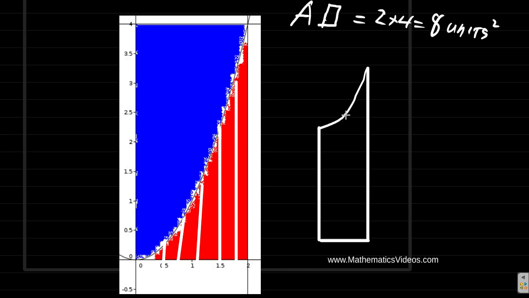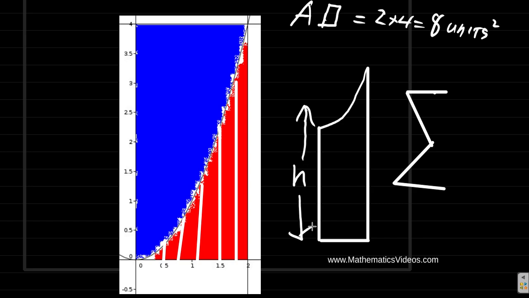Now, what we're saying then is we're finding the sum of, now here, the height. Consider the height of these. You could consider the maximum height, or the lower height, or the average height, whatever the case is.